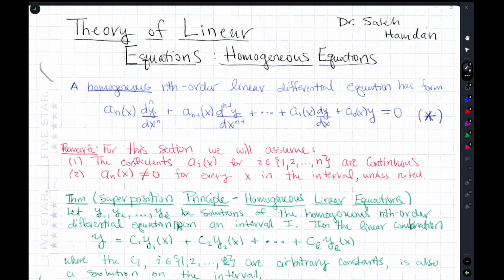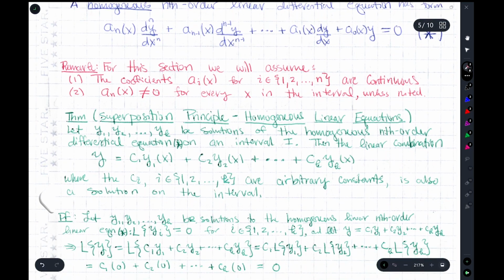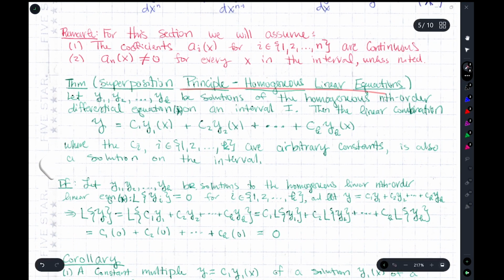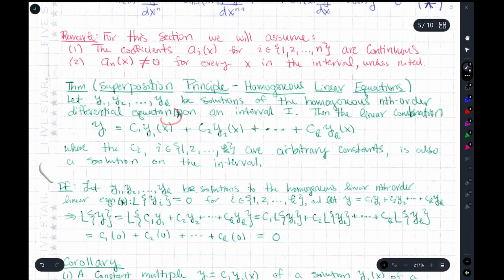All right, so let's look at this theorem. The superposition principle for homogeneous linear equations. Okay. Let y1, y2, up to yk, be solutions of the homogeneous nth order differential equation, asterisk that you see up here.